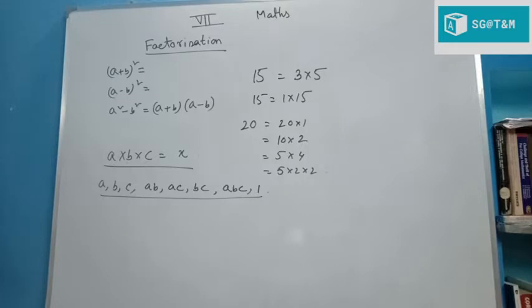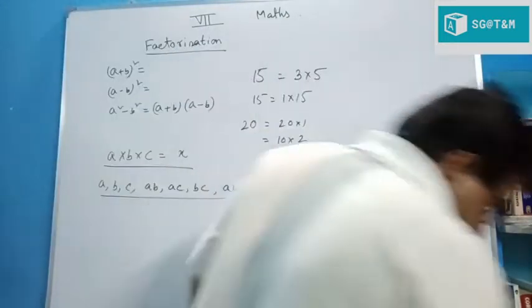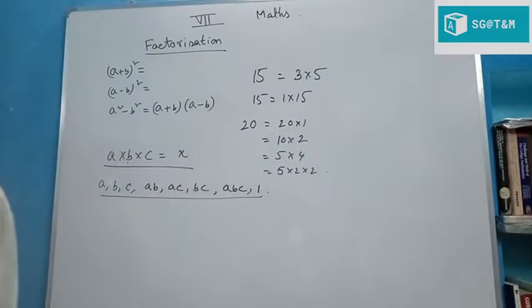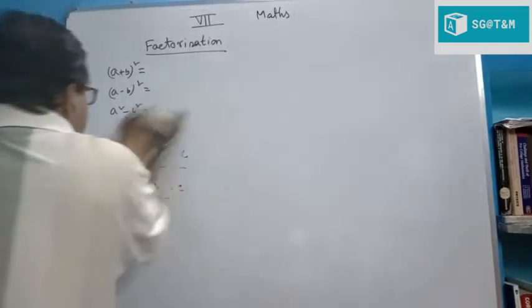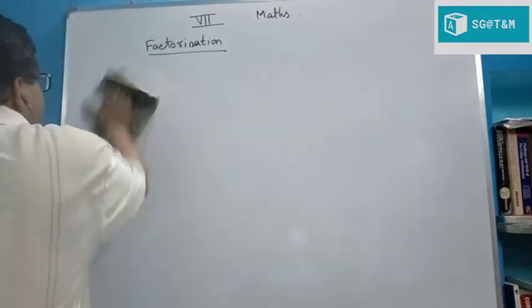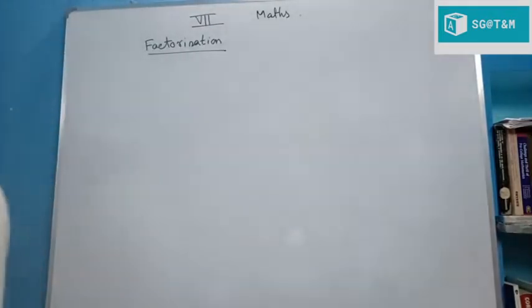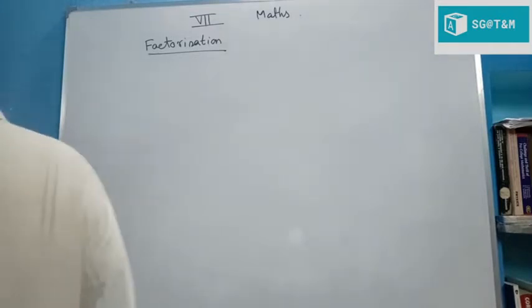So in algebra, we can factor any algebraic expression very easily. There are many methods to find the factors, but in our class 7 syllabus, the sums for factorization are easy. For example, resolve 25xy into factors.